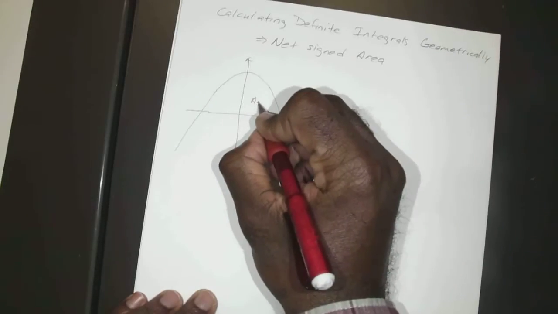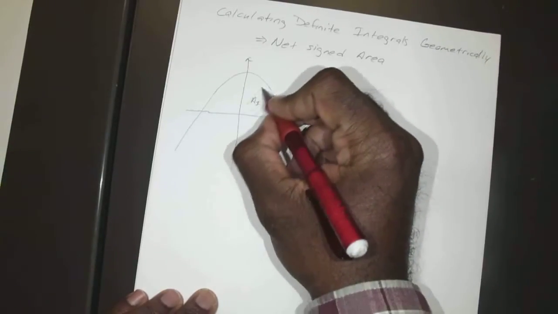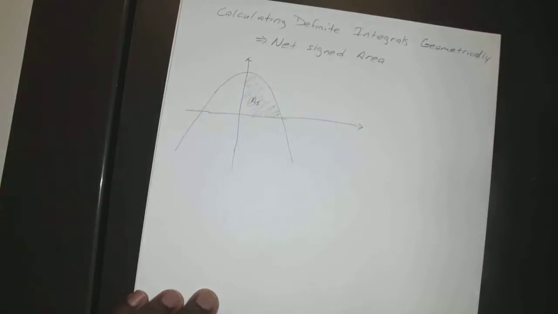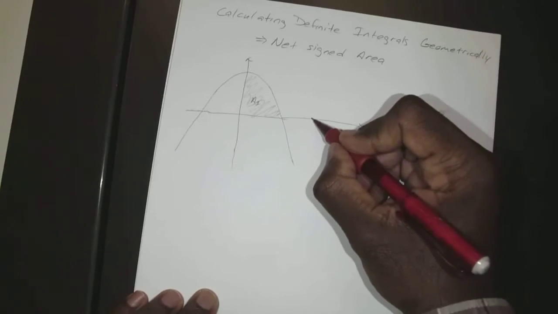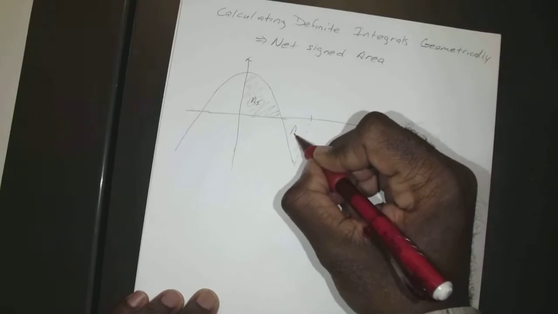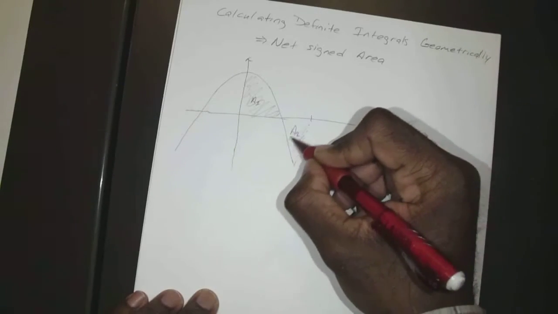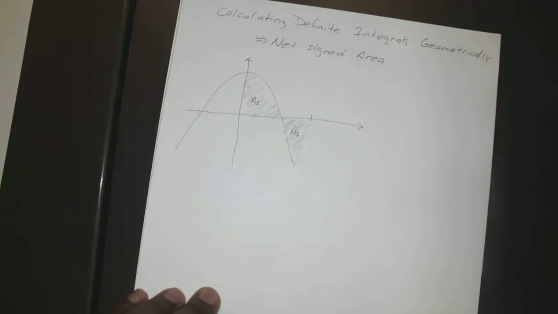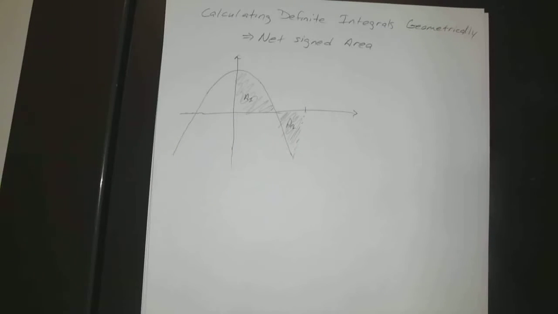Okay, so let's say this is our area here. Let's say we're going to some value here where this is our second area. The area below the x-axis will be subtracted.